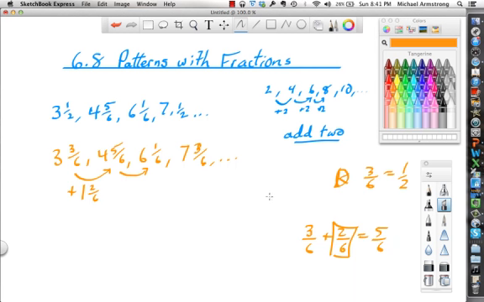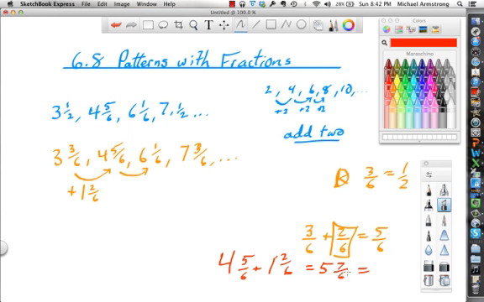So we come over here and we do a little work. Each time we do work, we've got to come over here and show what we're doing. Maybe we'll change colors here. So we have 4 and 5 sixths plus our pattern, 1 and 2 sixths. We've got to see if that works. Well, 4 plus 1 is 5, and then 5 plus 2 is 7. And we notice that's a little strange, 5 and 7 sixths.